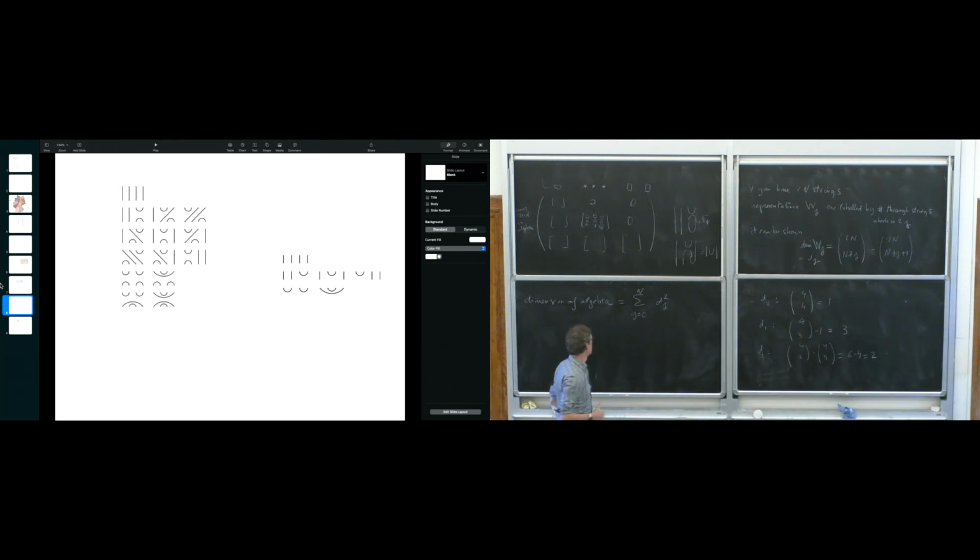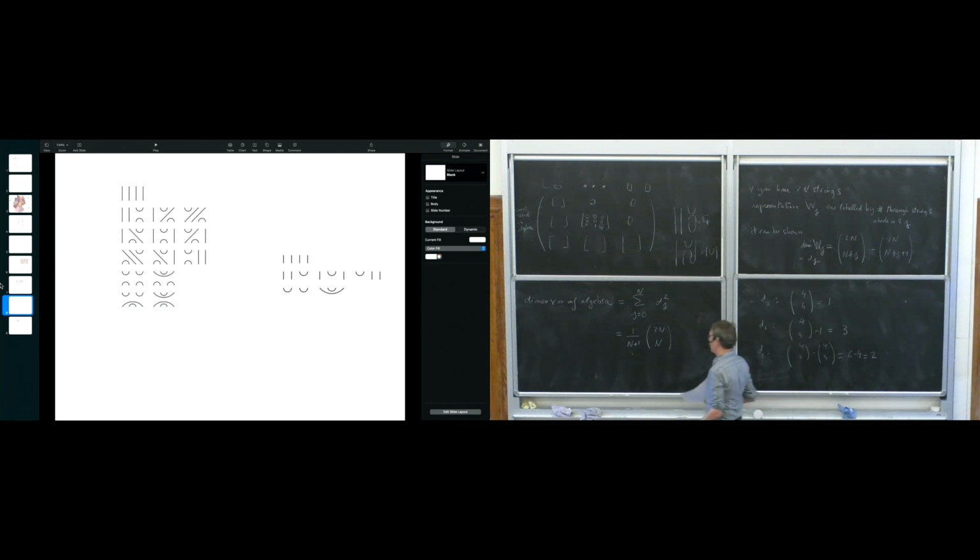So the claim is that this is the dimension of the algebra, and the result is a very famous number called the Catalan number, which is the binomial coefficient. Sorry. Well, okay, let's write it like this: 1 over n plus 1 times 2n choose n.